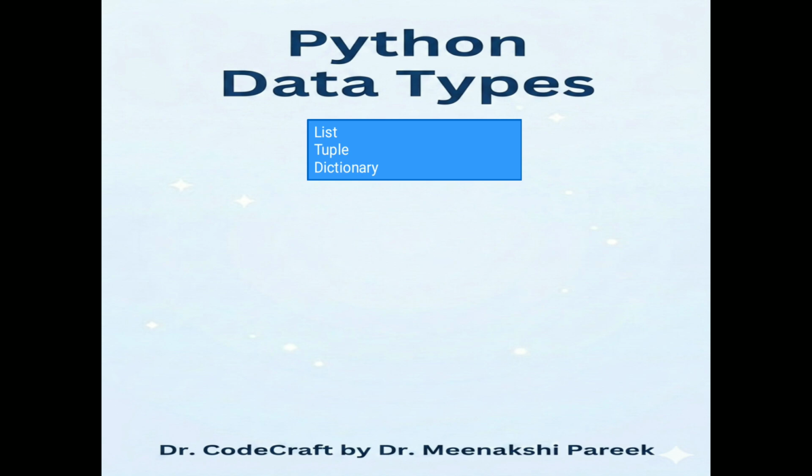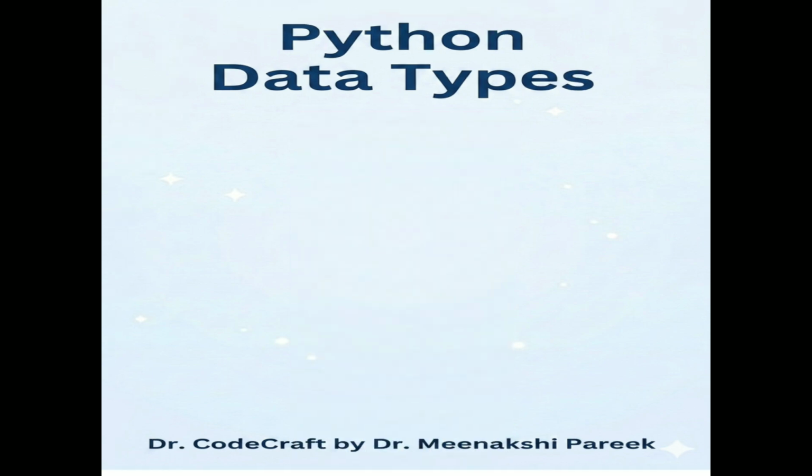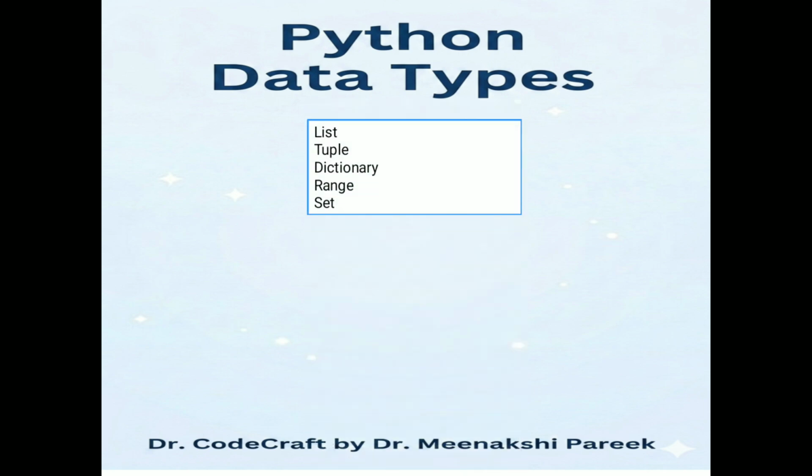Next is sequence type data. Here list, tuple and dictionary are used as sequence type data, and we can say these are collection data types also. So here list, tuple, dictionary, range and set.